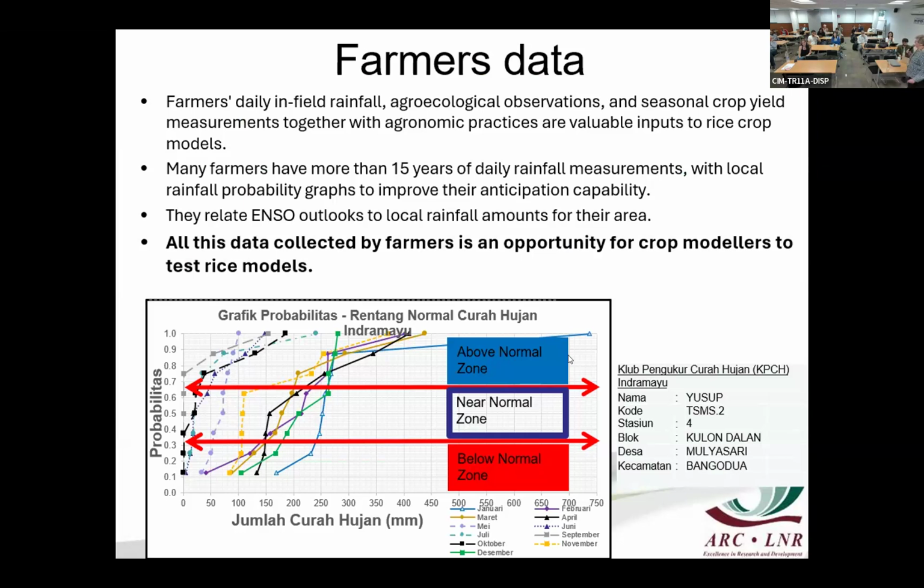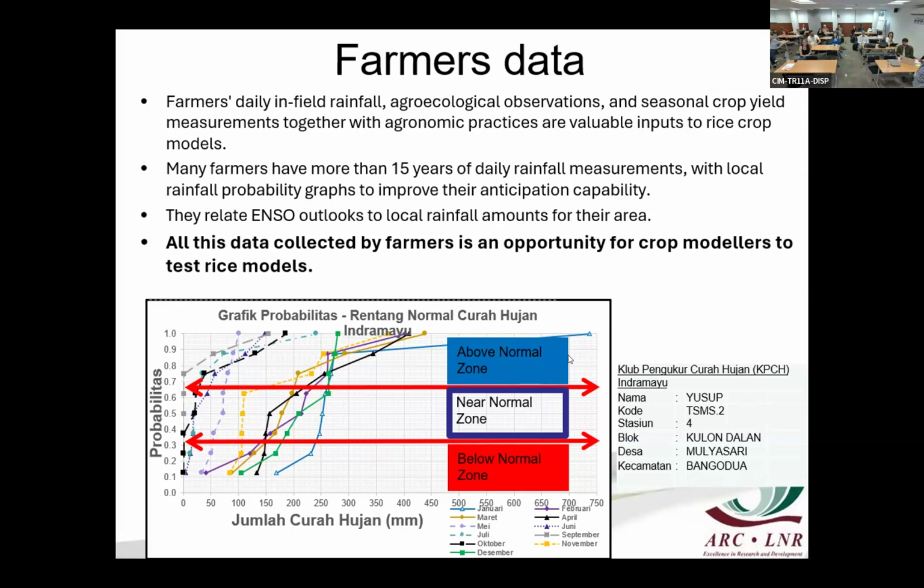So when they get the seasonal forecast in an SMS saying it will be La Nina or El Nino or something, they go to their own data on their own farm, and they can say, oh, what is below normal and what is above normal? And so they're actually using their own information to help them make some decisions.